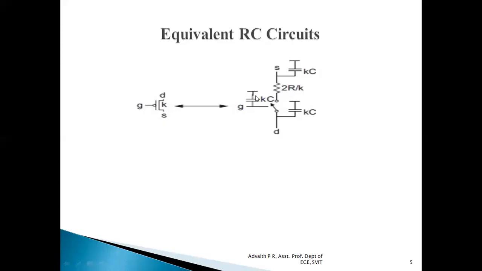The other terminals of these capacitors are connected to a constant voltage source VDD, because in PMOS the source terminal is always connected to the higher potential, logic level 1 or VDD, because it forms a pull-up network. So this is how we model a PMOS transistor using its equivalent resistance and capacitance values.